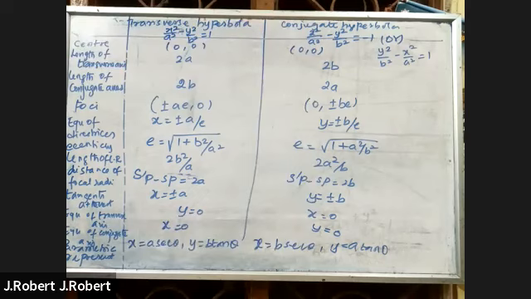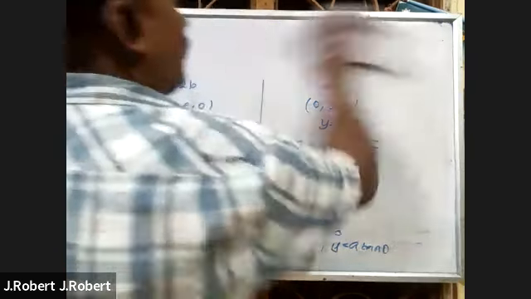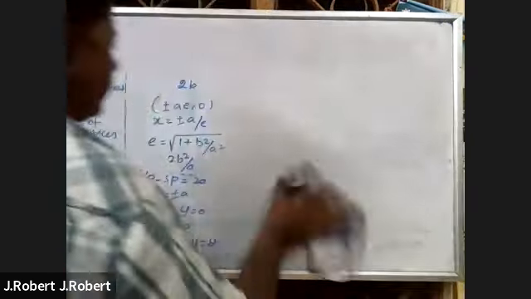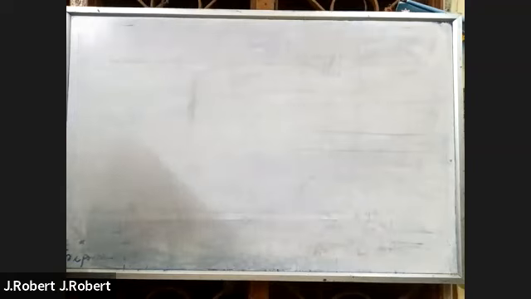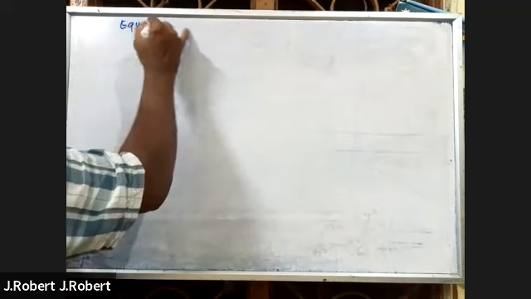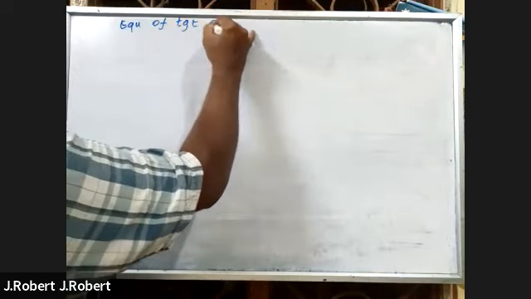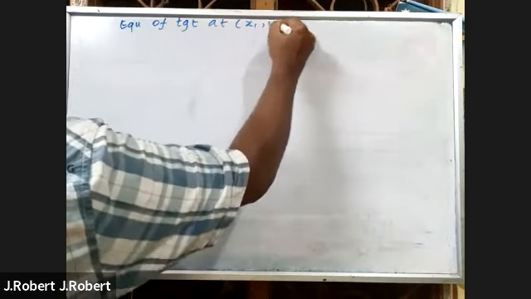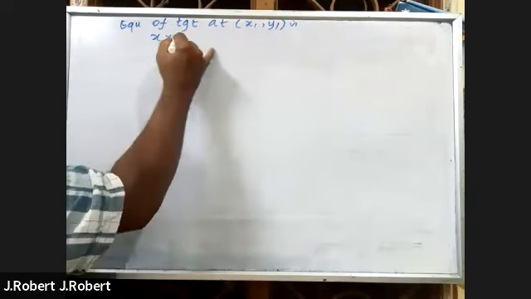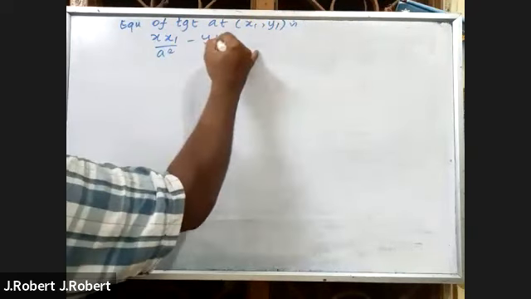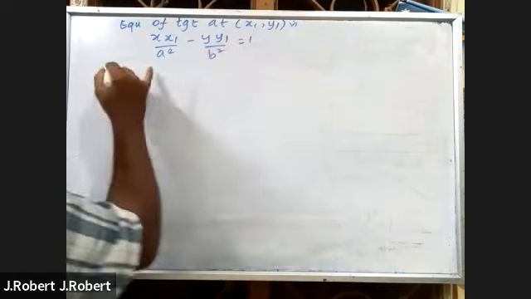First one, equation of tangent at x1 comma y1. So almost similar to the ellipse, only the sign changes. The equation of tangent at x1 comma y1 is x x1 by a square minus y y1 by b square is equals to 1.